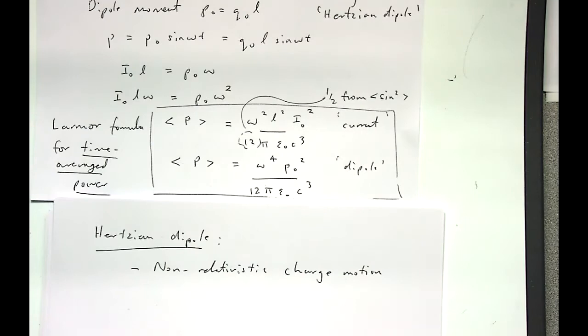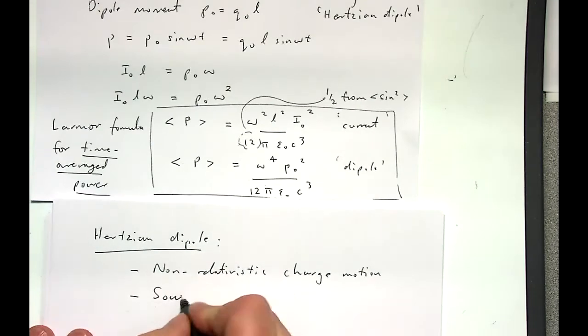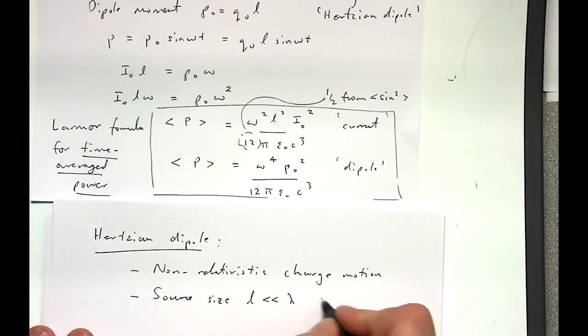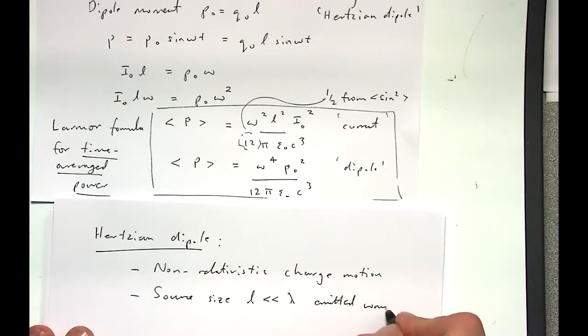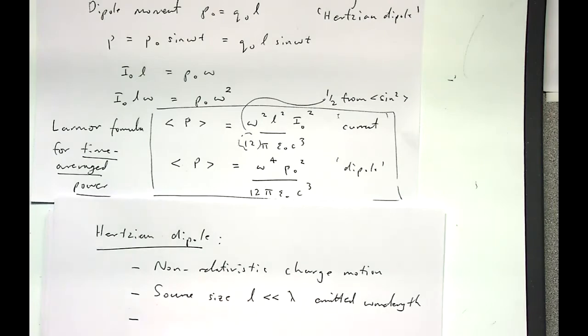The other thing we said was the source size, L, was much less than lambda, the emitted wavelength. That's an assumption of the Hertzian dipole. Kind of fudged a bit when we talked about that lambda by 4 above, but we'll ignore that for now. The other thing we say about the Hertzian dipole was that statement we said about the far field radiation.